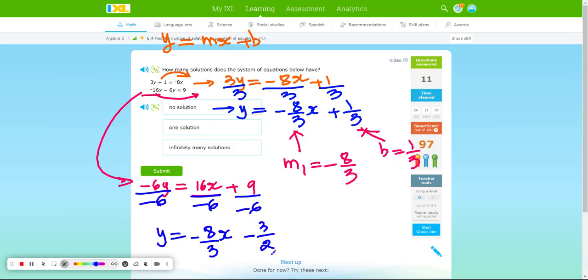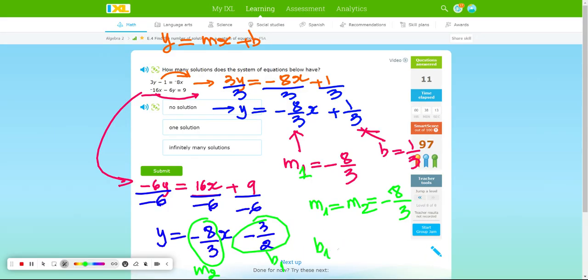Ooh, I noticed something. On the second line, the slope m2 is the same as the slope m1. M1 and m2 are exactly the same. You see that? They both equal negative a over 3. But the b's are different. So what does it mean? B1 and b2 are different.